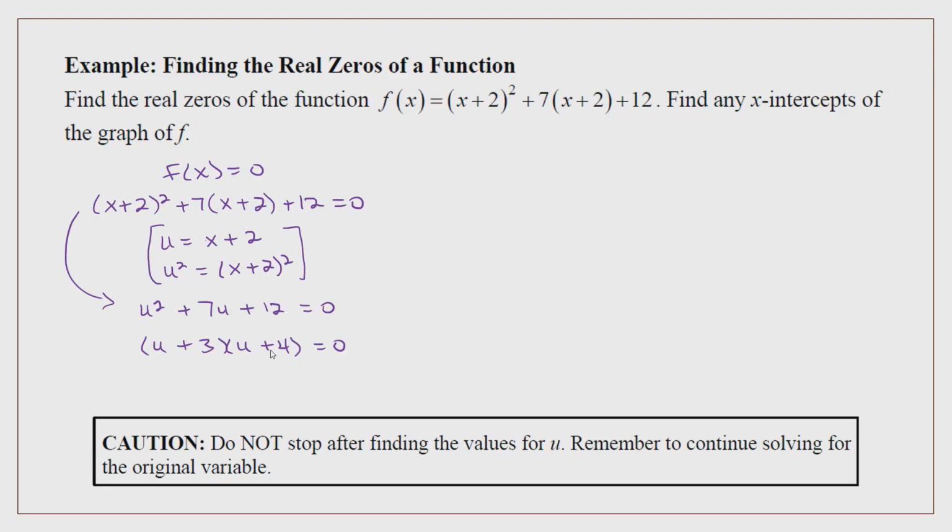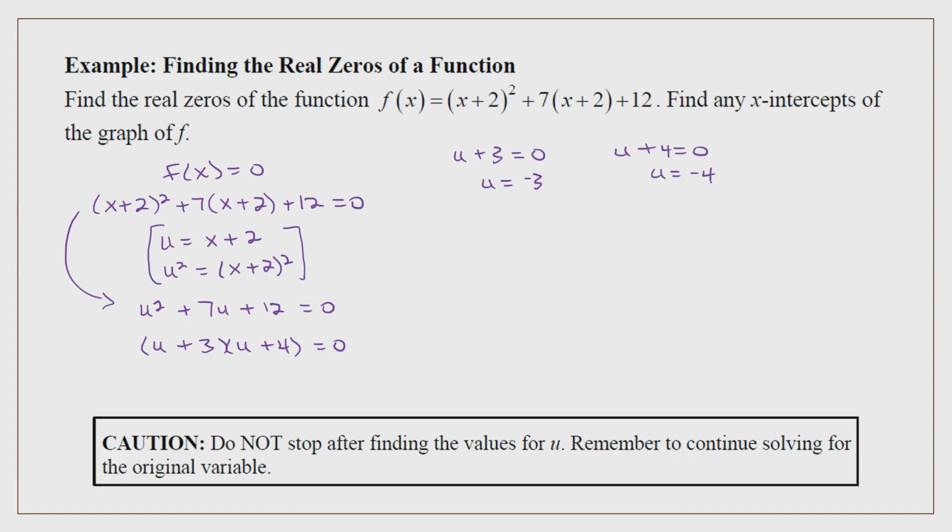So now I can set both of my factors equal to 0 and solve. So u plus 3 equals 0, so u equals -3. U plus 4 equals 0, so u equals -4.